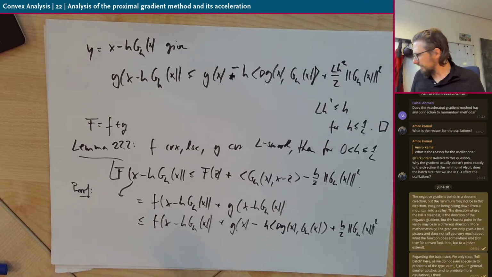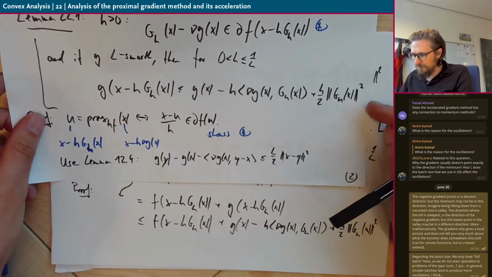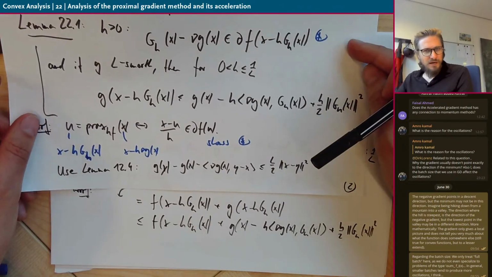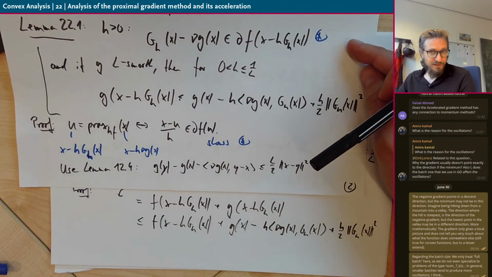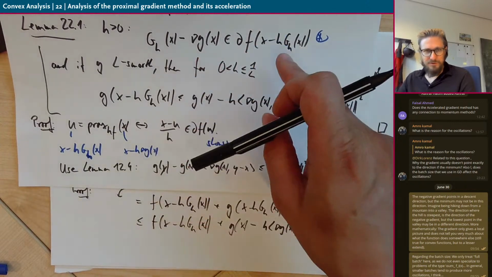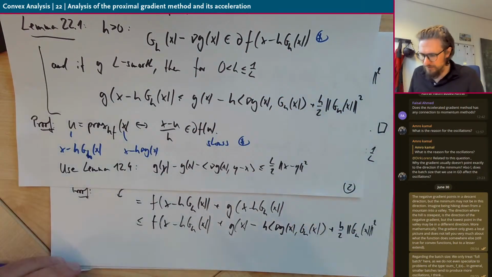Now we also use the star inequality here and write down the subgradient inequality. This is a subgradient inclusion, so it's a characterization by an inequality.